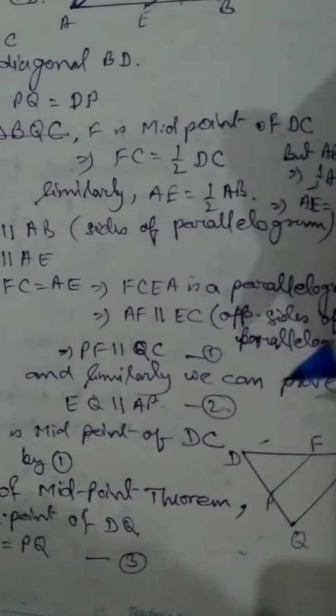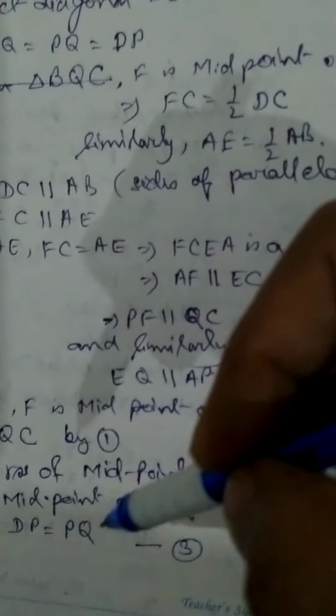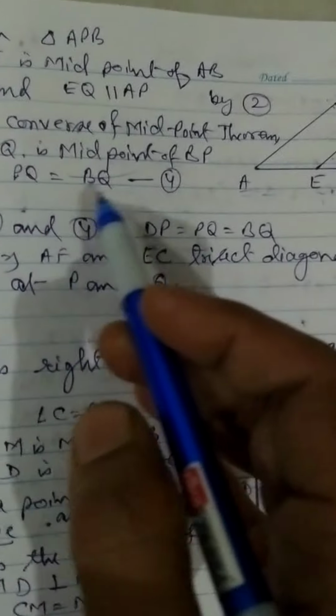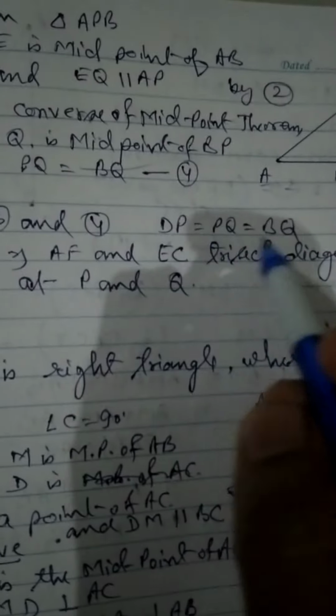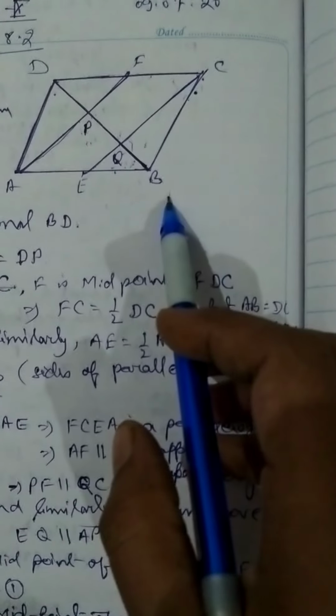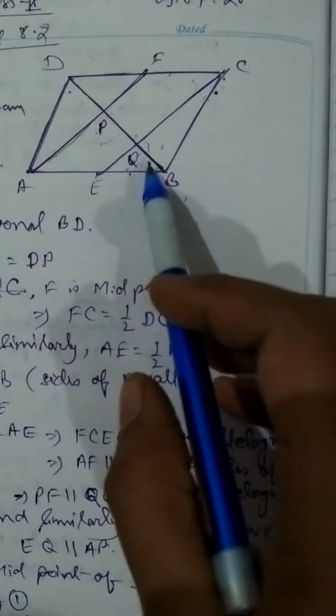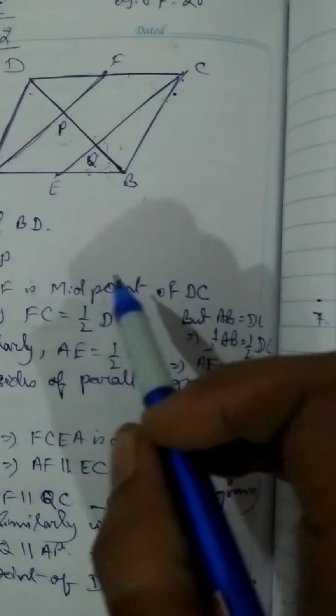This is equation number 4, and in equation number 3 you have written that DP is equal to PQ. So DP is equal to PQ and PQ is equal to BQ, meaning DP is equal to PQ is equal to BQ. Now come to the original figure. DP is equal to PQ is equal to QB. That means the whole diagonal is trisected by the points P and Q. This had to be proved.